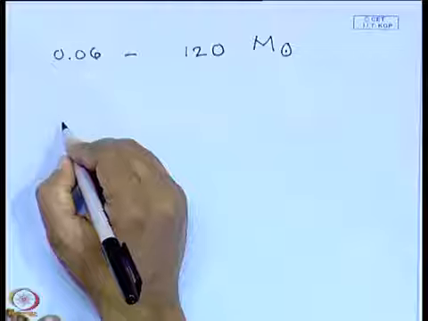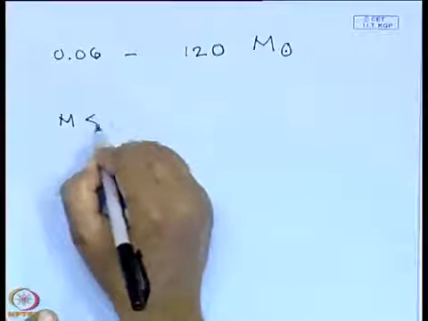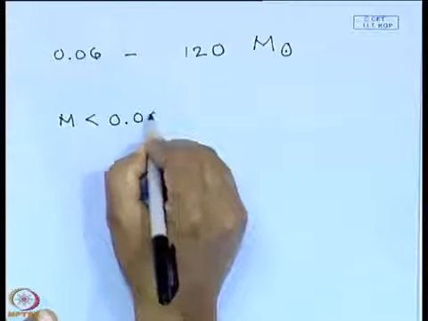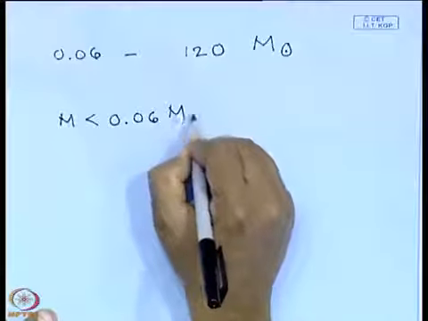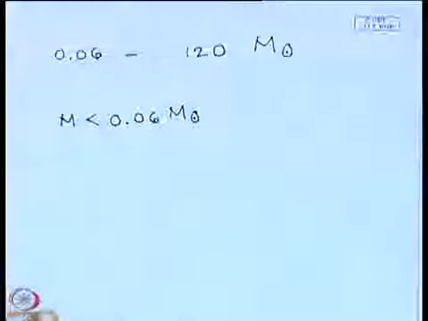Suppose I take a star whose mass is less than 0.06 solar masses and apply the equations of hydrostatic equilibrium, the mass distribution, luminosity distribution, etc., and solve them.